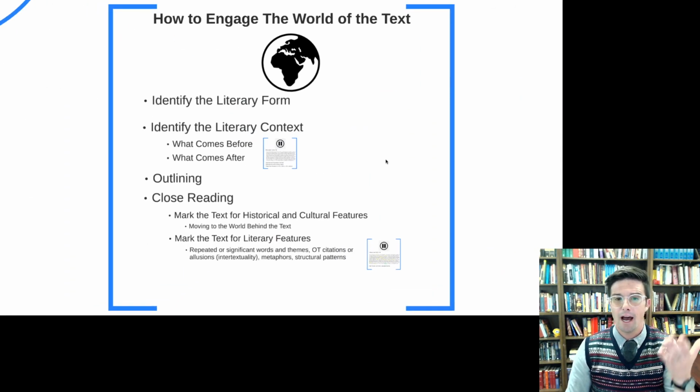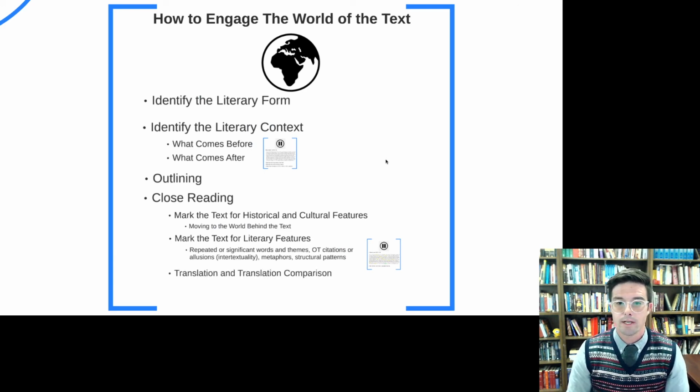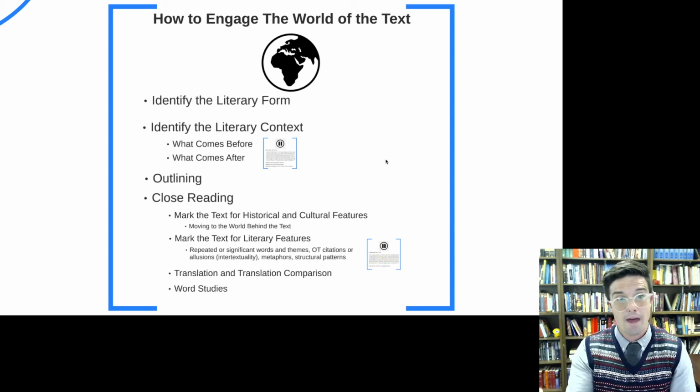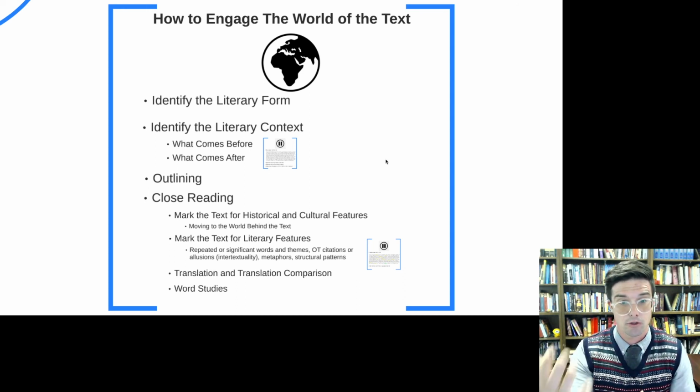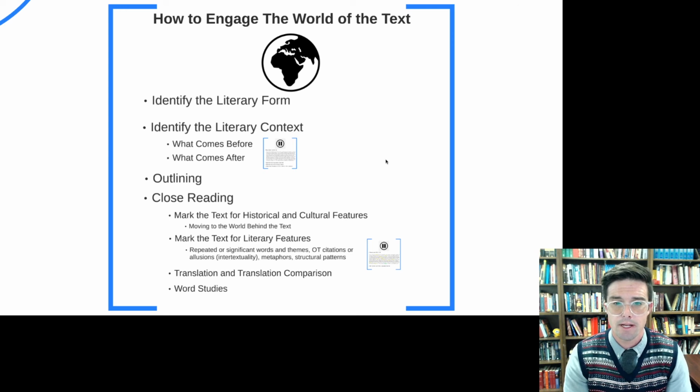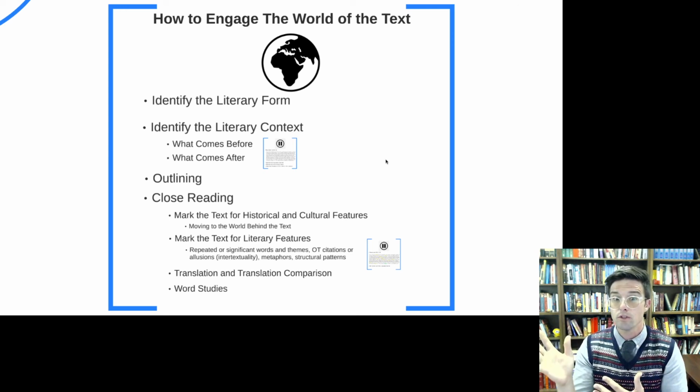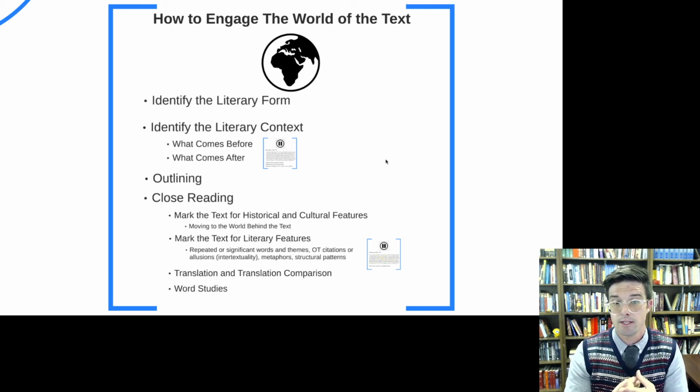And so again, identifying things like commonly repeated words is going to lead you to further engagement with that particular word or with that particular structure that you see repeated. And what we're going to do in the next video is look at tools by which you can do, one, translation and translation comparison.